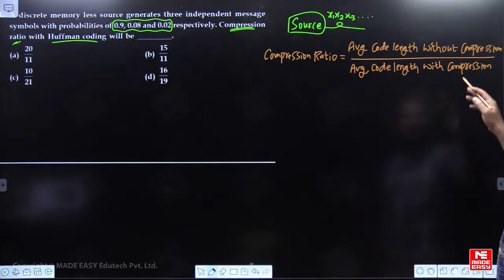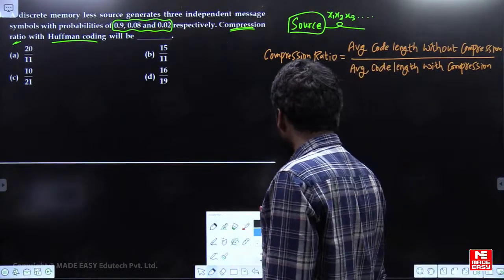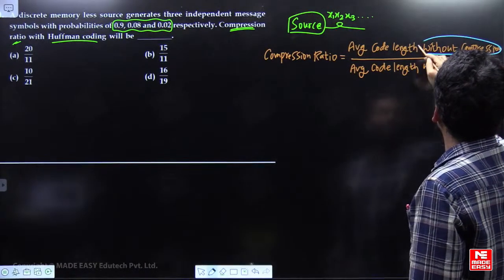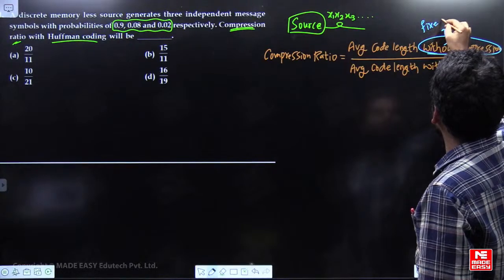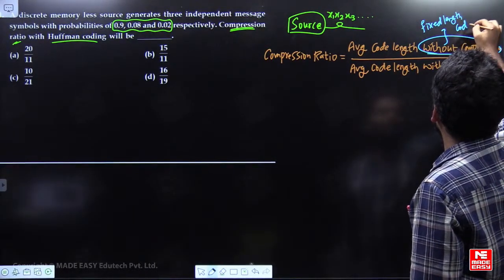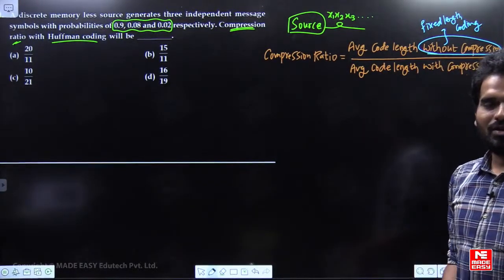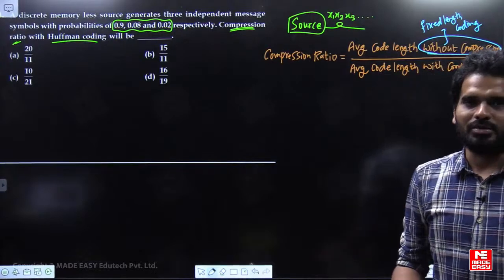Average code length without compression you can simply understand as fixed length coding. Without compression means fixed length coding, where each symbol is represented by the same number of bits.